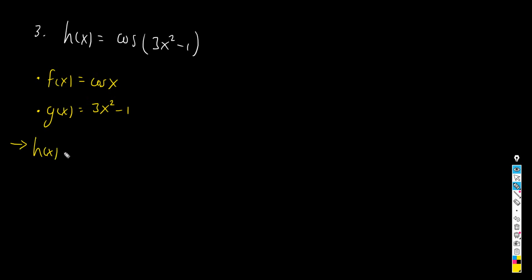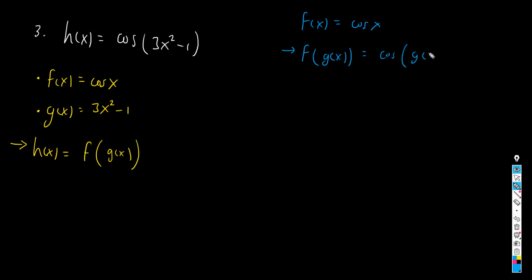h of x is going to be equal to f evaluated in g of x. Make sure that h of x is going to be equal to this. One more time. If f of x is equal to cosine of x, then f evaluated in g of x is going to be equal to cosine evaluated in g of x.